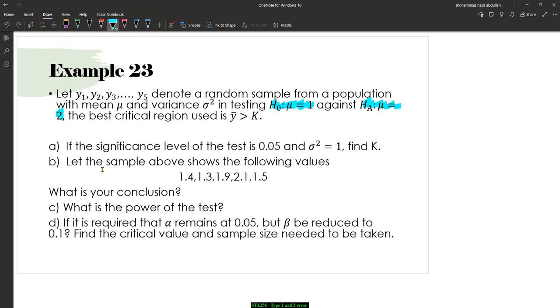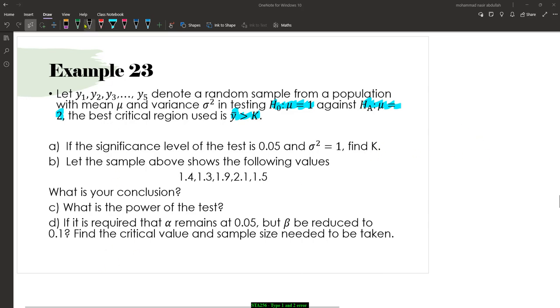The best critical region used is y bar more than k. So in the next topic, the Neyman Pearson lemma, we will learn how to find a best critical region. Now we look at the type 1 error and type 2 error. If the significance level of the test is 0.05 and sigma is equal to 1, find the value of k. This is more or less the same question as before.